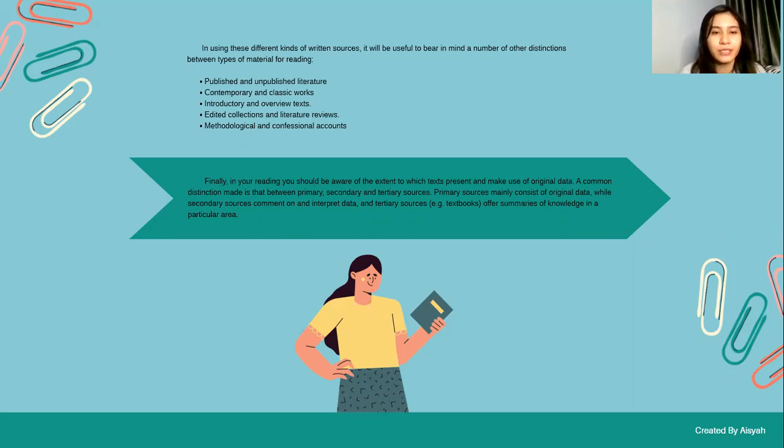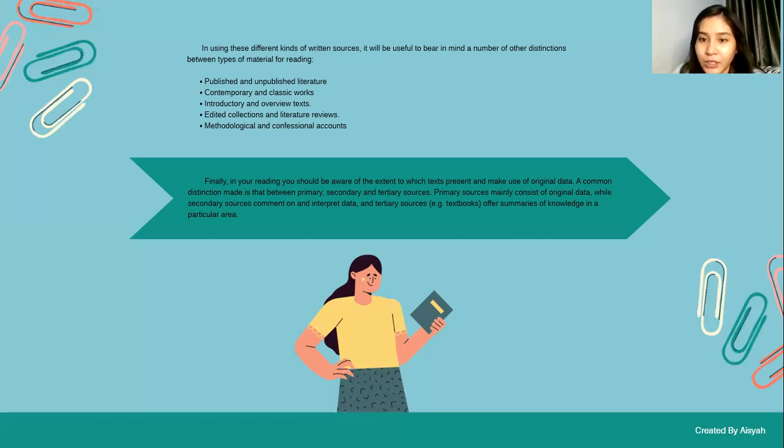Published and unpublished literature, contemporary and classic works, introductory and overview texts, edited collections and literature reviews, methodological and confessional accounts. Finally, in your reading, you should be aware of the extent to which texts present and make use of original data.